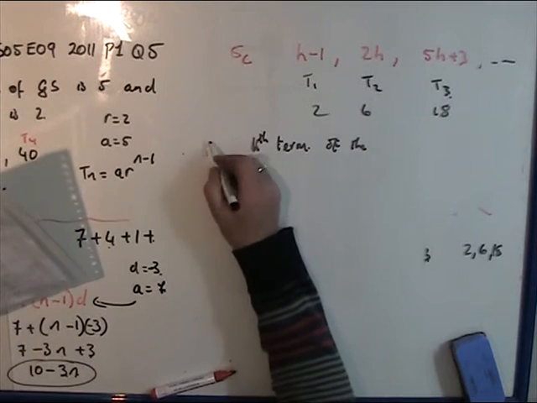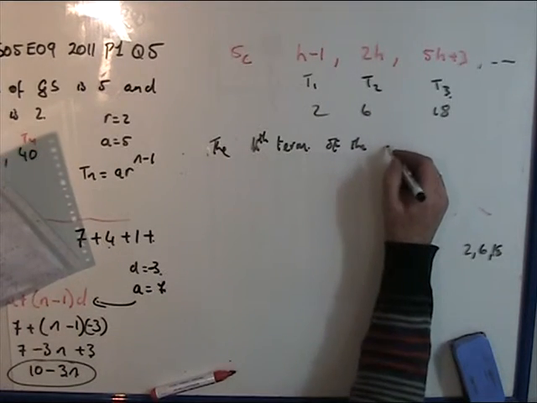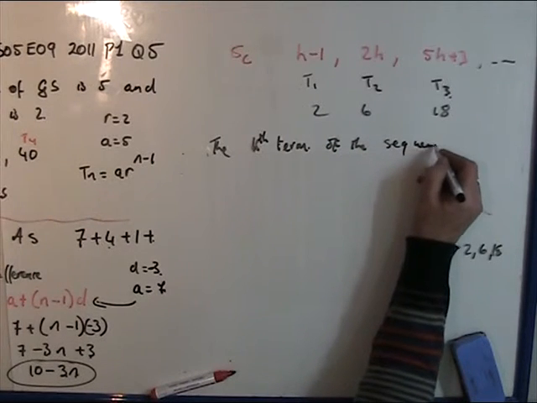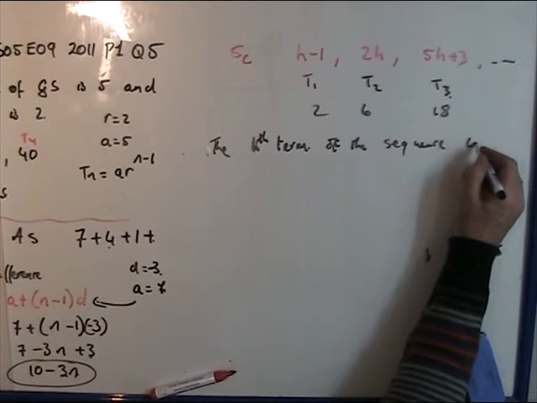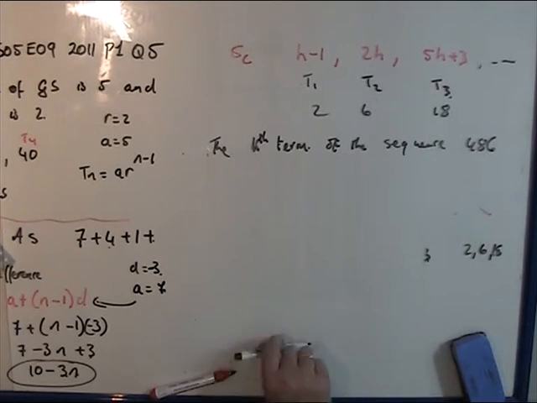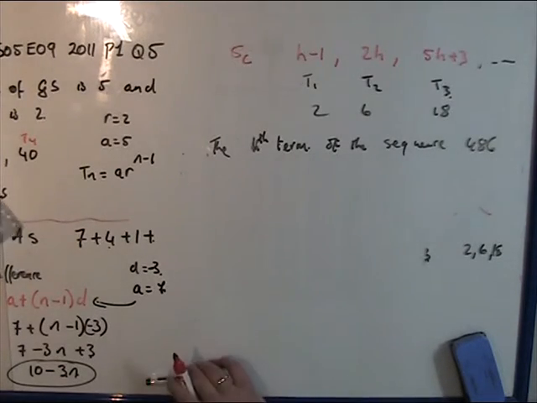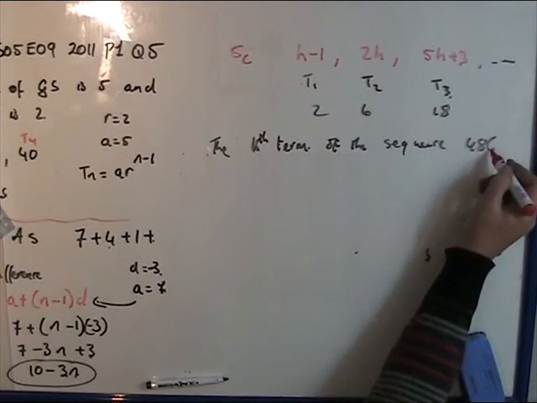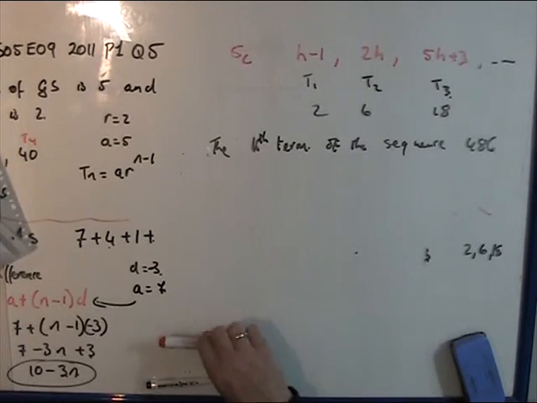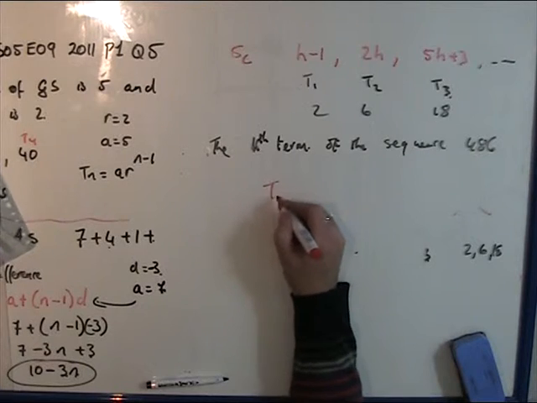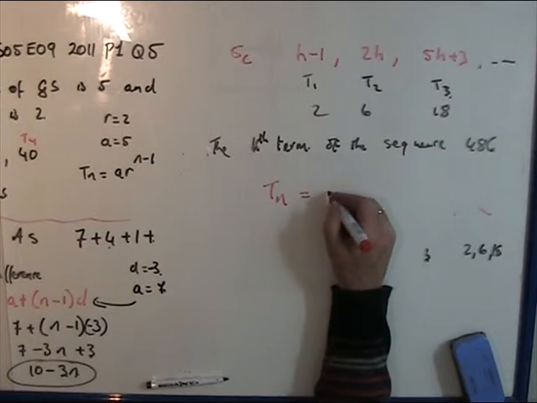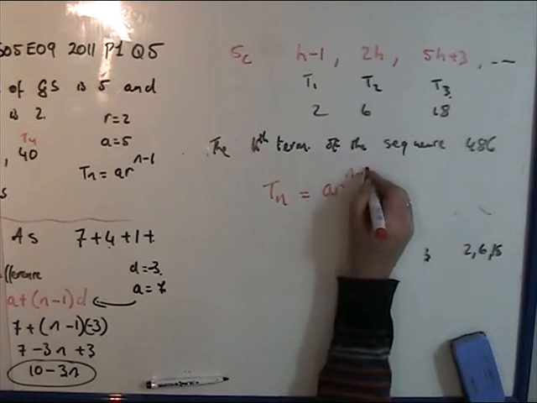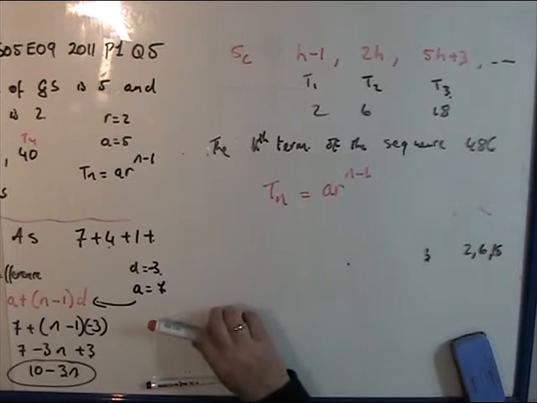It says that the kth term of the sequence equals 486. So the kth term of this sequence is equal to 486, right? So we have to do our sum term. Do you remember the formula for the sequence? n minus 1.